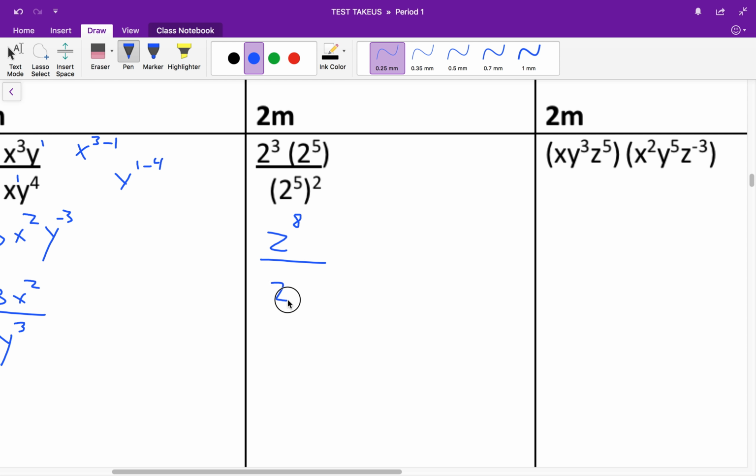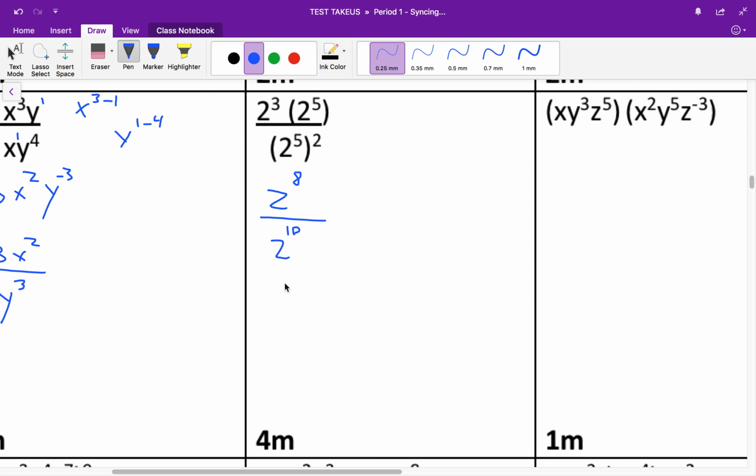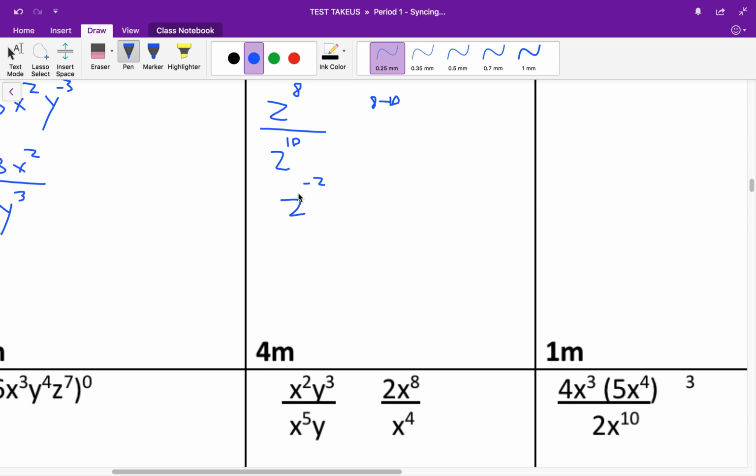Keep the base, multiply the exponents, to which we will get 2, and here we have division now. So we're going to go 8 minus 10, which is going to equal -2. And if we keep an exponent positive, we move to the bottom, so it's going to be 2 squared, which is going to equal 1 over 4.